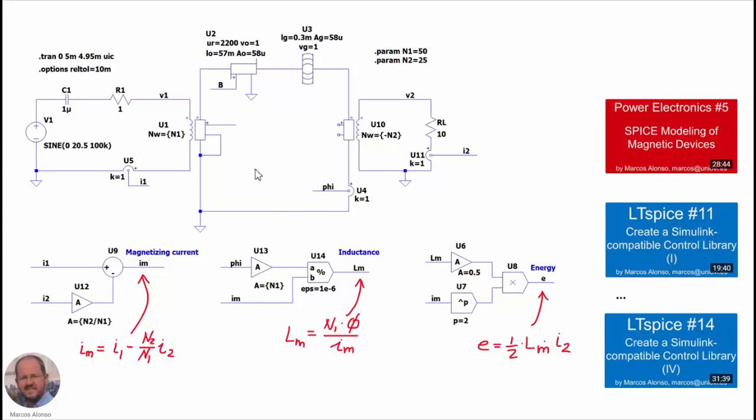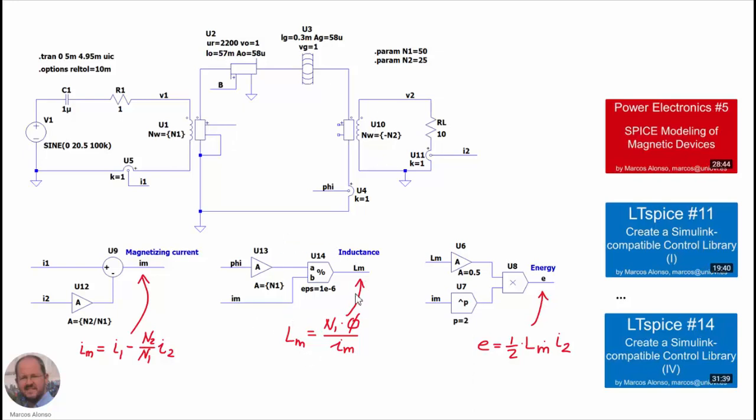Note that in this case we cannot use this terminal to measure the inductance. In these terminals, what is provided is the ratio between the flux and the current through the winding, but in this case it is the total current in the winding, which is the current through the primary. So this is not the inductance that we want to calculate, which is the magnetizing inductance.